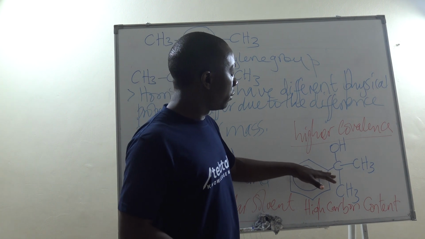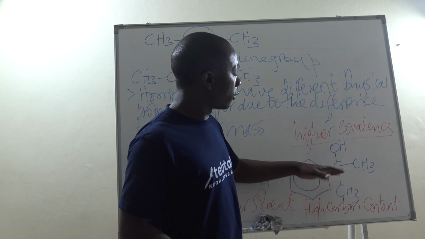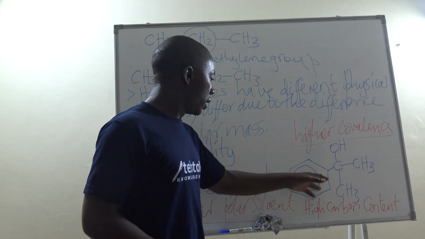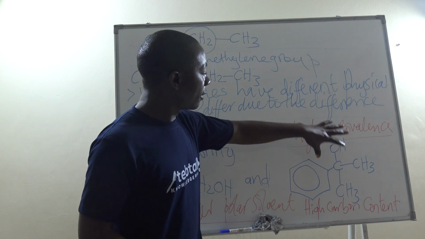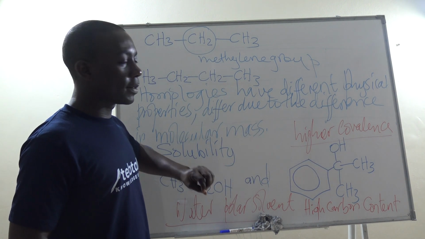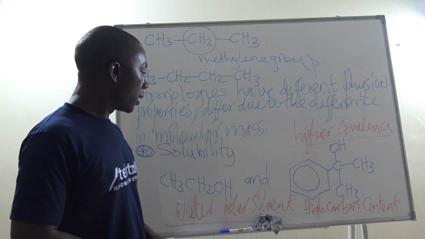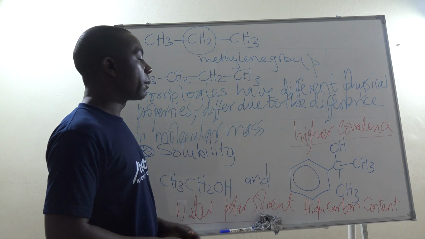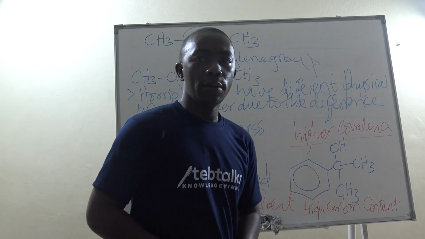The molecule ends up being almost insoluble, yet it would have been soluble. The difference between the two alcohols is that this one has a very high molecular mass and this one has a very low molecular mass. That is the effect of molecular mass on solubility, which is a physical property.